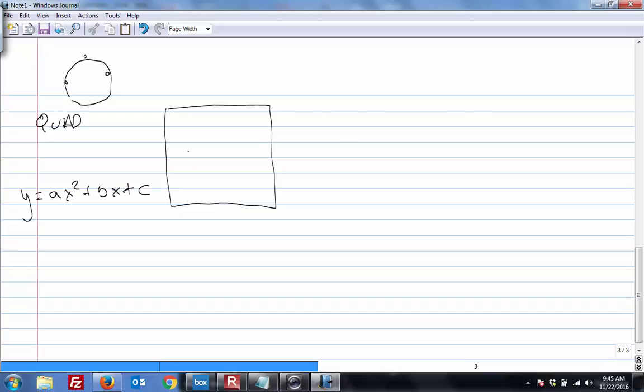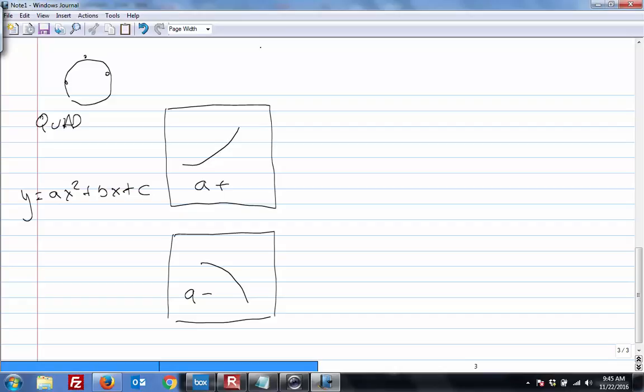So the quadratic can go like this. It can also go like this. So in this case, a is positive, the thing curves up, and in this case, a is negative. The thing curves down. The second derivative is negative and curves down. So that, Robert, I think answers the negative.